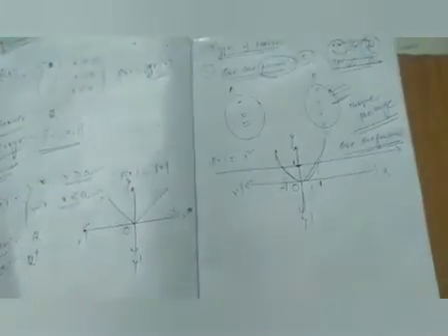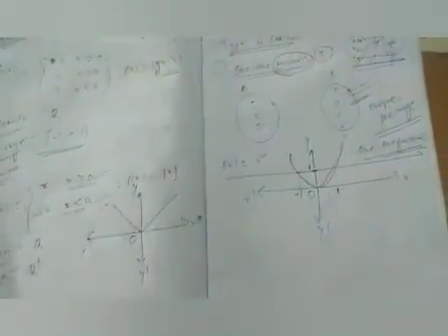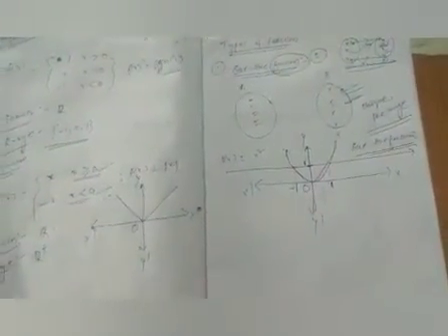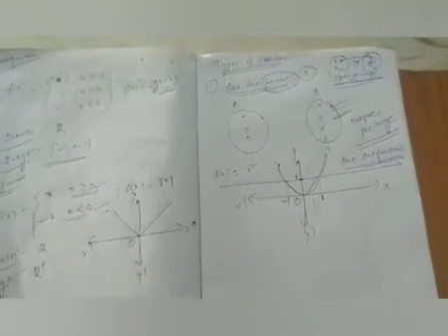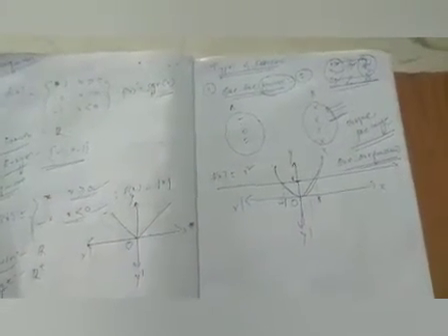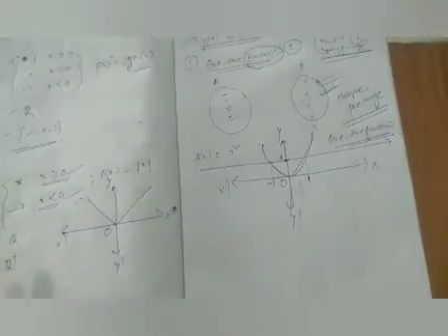This is the method we adopt in the graphical approach. There are many problems giving a function, with 4 options: one-one, onto, into, or many-one, like that.